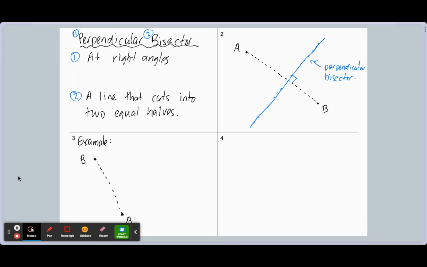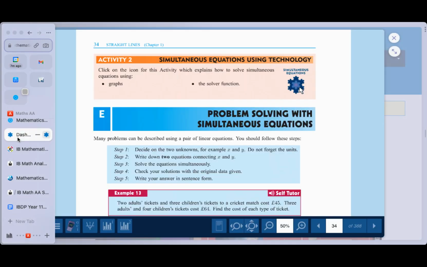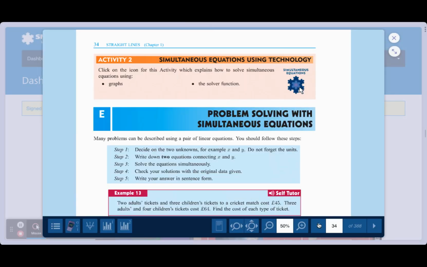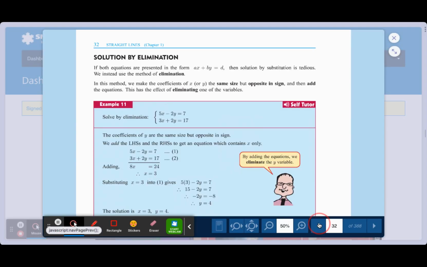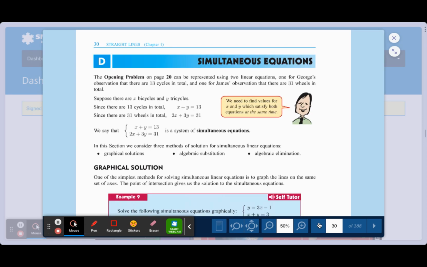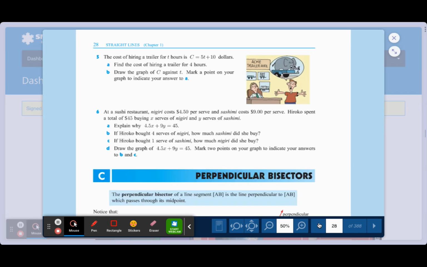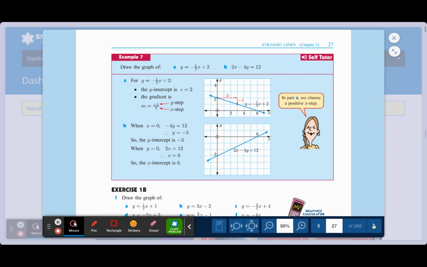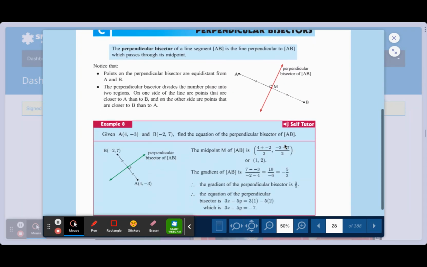Okay, so we're going to do an example, and the example comes from the textbook. So I'll show you what that looks like. Back a few pages. So it's worked example 8 here.